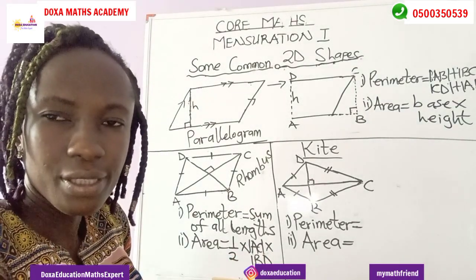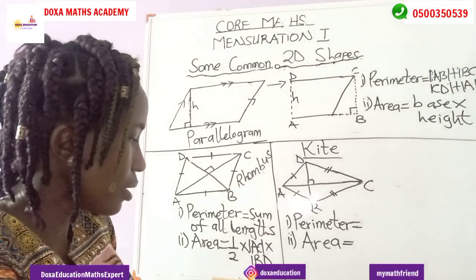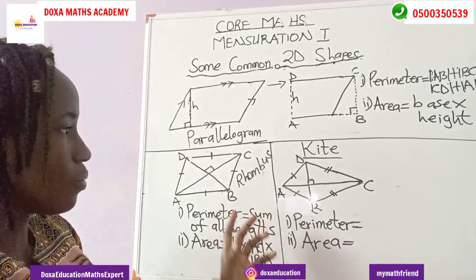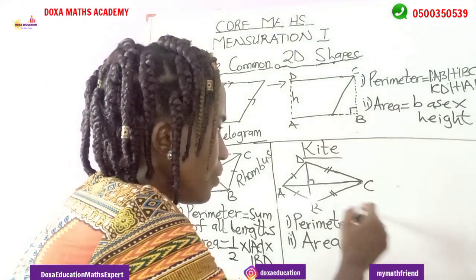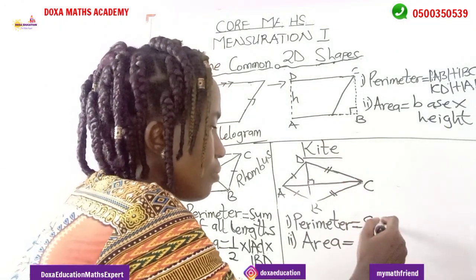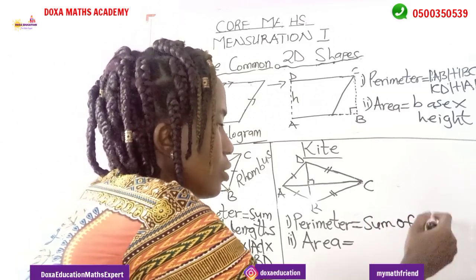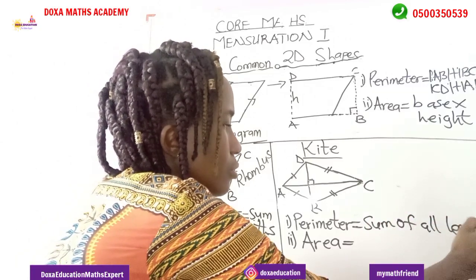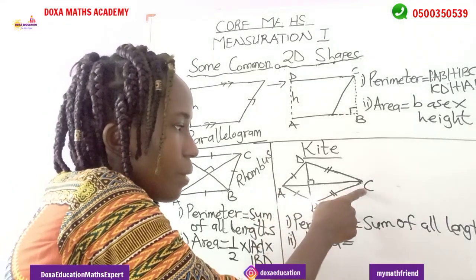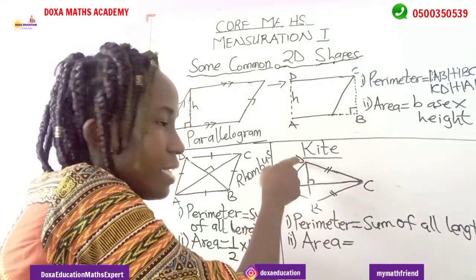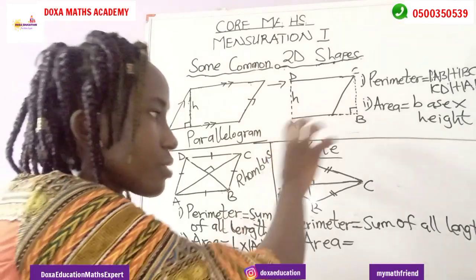Very well, as you see over there on the board. Good. So that is it for the rhombus. Now with the area, there is also the perimeter, the total distance, being the sum of all lengths, meaning AB plus BC plus CD plus AD. That will be the perimeter.